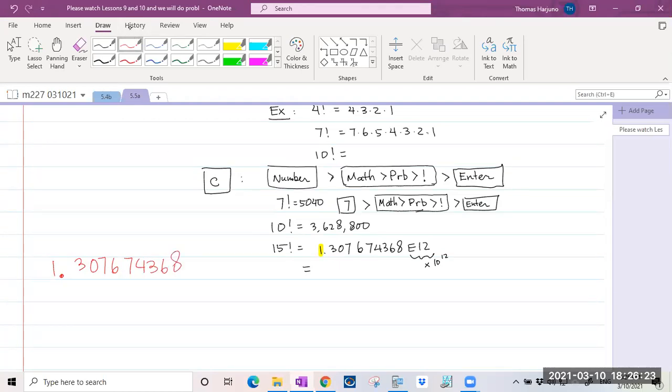To get the integer, you will move the decimal point 12 times. 1, 2, 3, 4, 5, 6, 7, 8, 9, 10, 11, 12. So that will be 1307674368000.